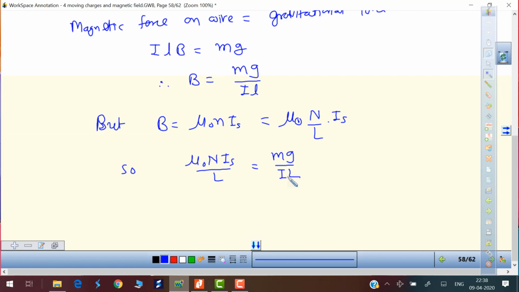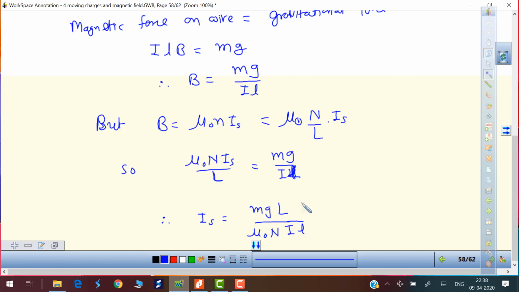This small l and this capital L are different: small l is the length of the wire and L is the length of the solenoid. So I is equal to mg L upon mu 0 N into the current of the wire and the length of the wire.